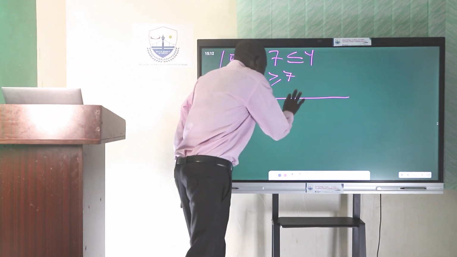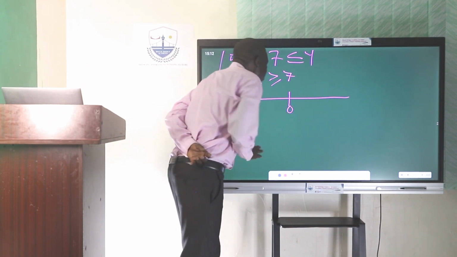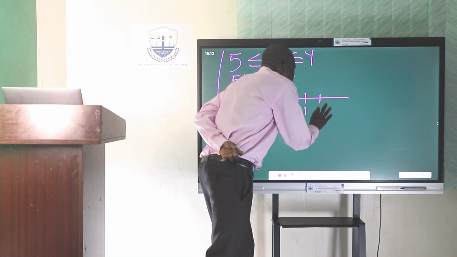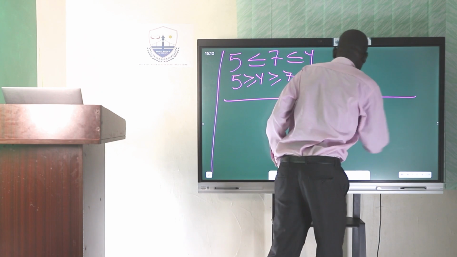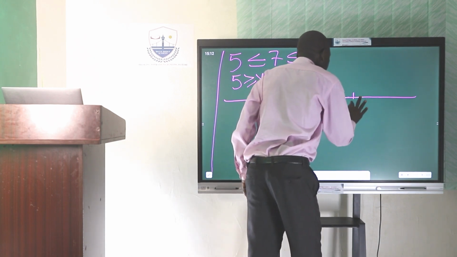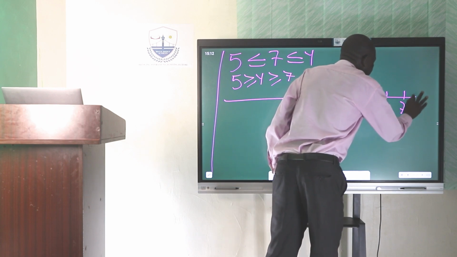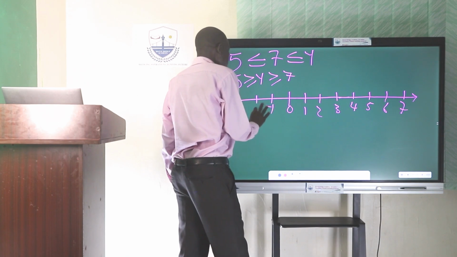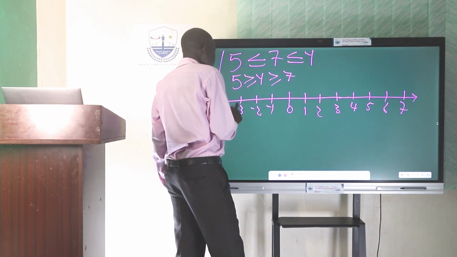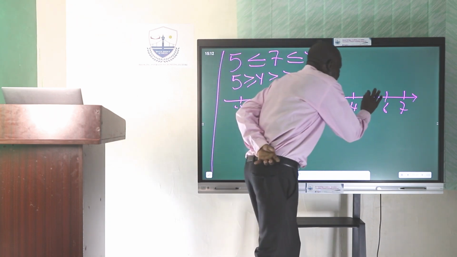From here, we can now show it. This will be 0, 1, 2, up to 7: 3, 4, 5, 6, 7. On the left, we have -1, -2, -3, and so on. So we go to where 5 is. 5 is here.